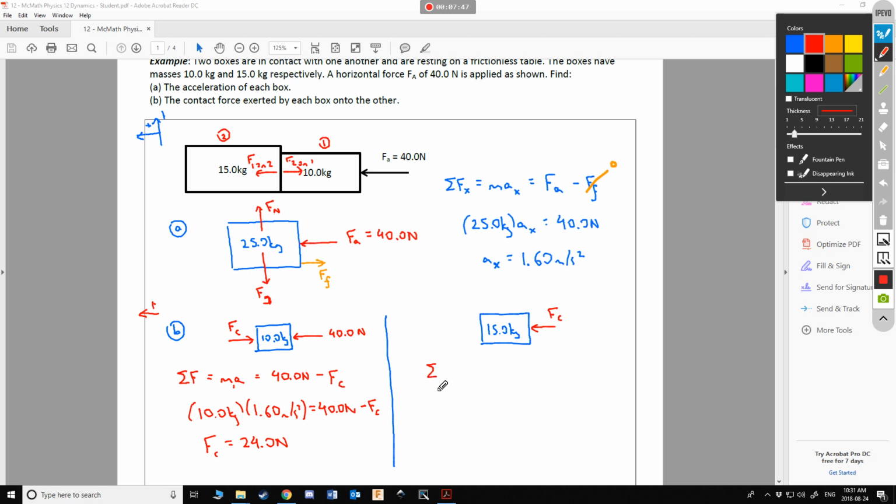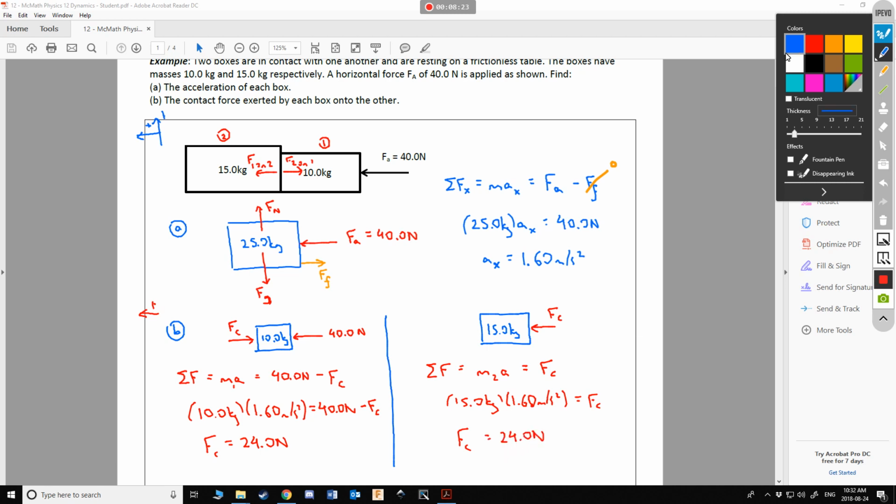For this one, the sum of the forces is equal to our mass 2 times acceleration, and the only force acting on this is force C. So the mass is 15.0 kilograms, our acceleration is 1.60 meters per second squared, and that is equal to our contact force. And lo and behold, when we multiply 15 times 1.6, we get the exact same value of 24.0 newtons.